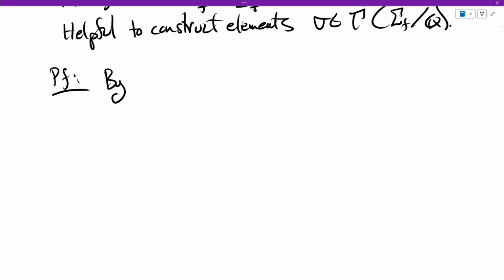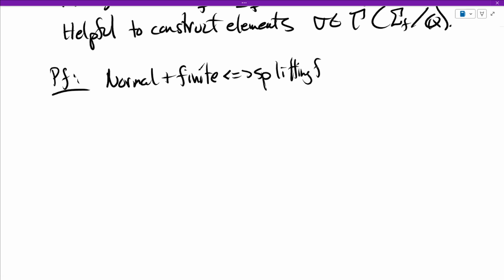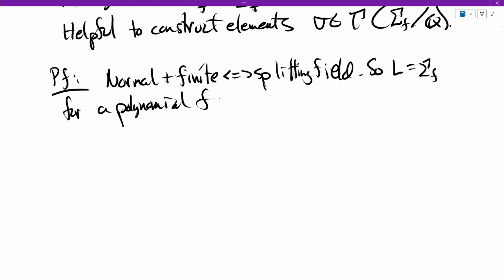Well, we know that L over K is normal. I'm gonna do a little bit of scratch work in the interest of time, but I'll write better than I'm about to write. Normal plus finite is equivalent to splitting field. So L is some splitting field of a polynomial f over K, maybe not irreducible, doesn't need to be irreducible.